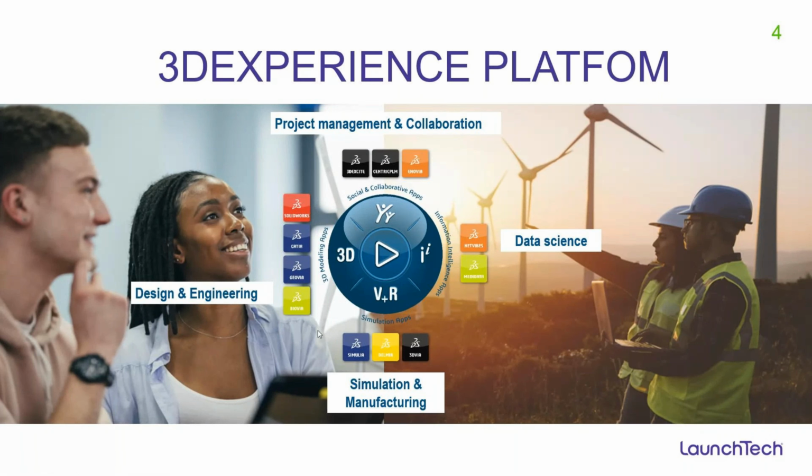Basically, when you finish designing a part, you want to understand the behavior of that part. This is the sweet spot for that type of discipline. And we also have on the right side data science related applications, where you want to take it to the next step in capturing and understanding analytical data.